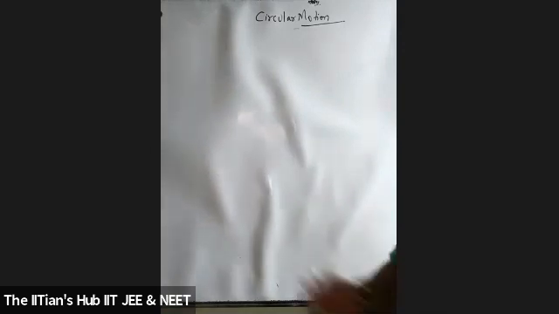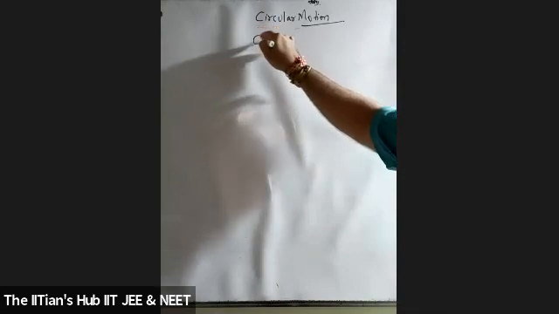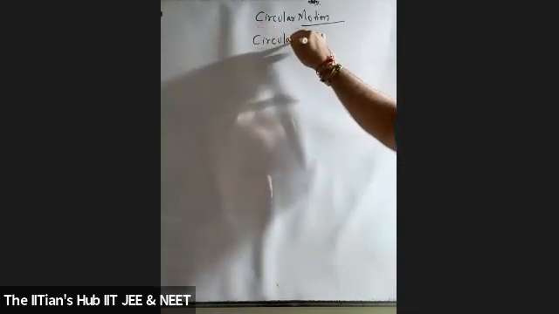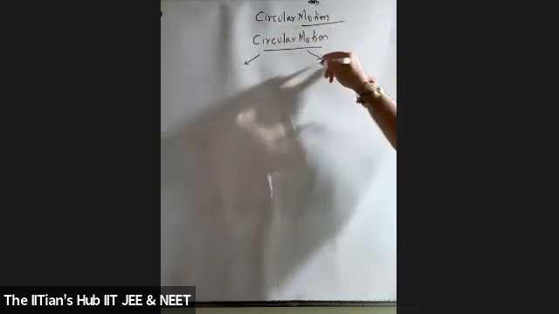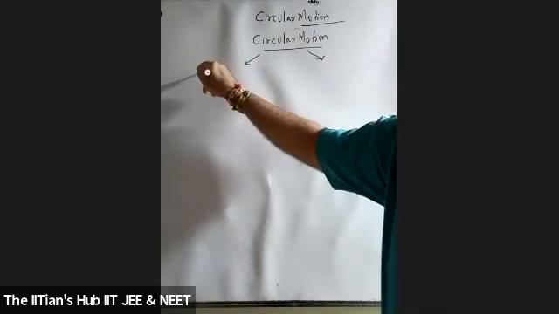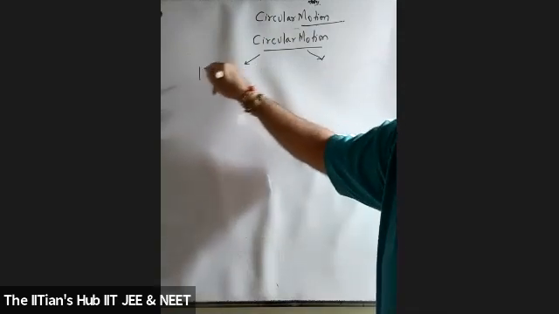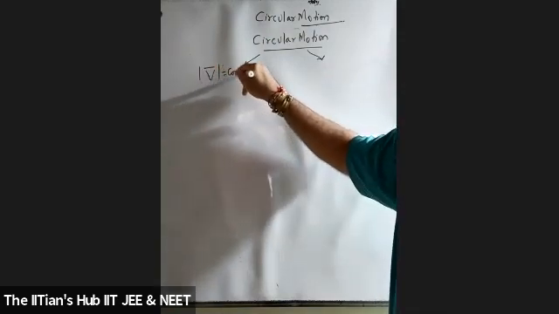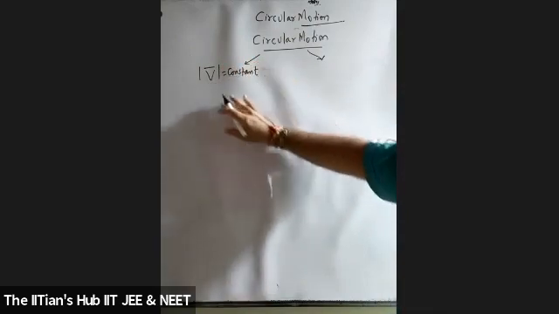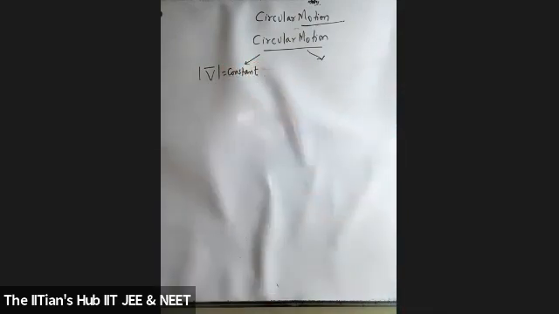Okay, students. Now, when you speak about circular motion, do keep in mind: in circular motion, if the magnitude of velocity remains constant, then what kind of motion is this?